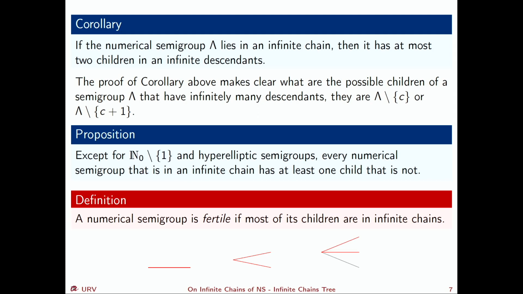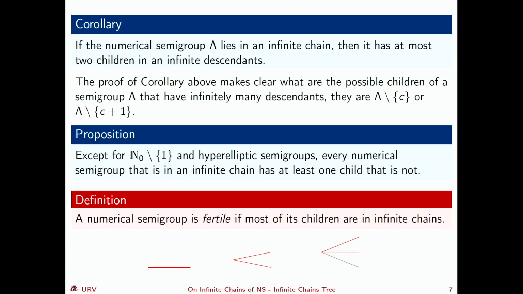So we proved that if a numerical semigroup is in an infinite chain, it can have at most 2 children in an infinite chain, and those children are the numerical semigroup without the conductor or without the conductor plus 1.